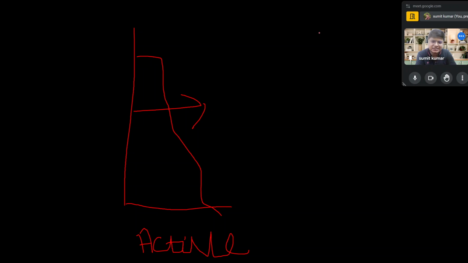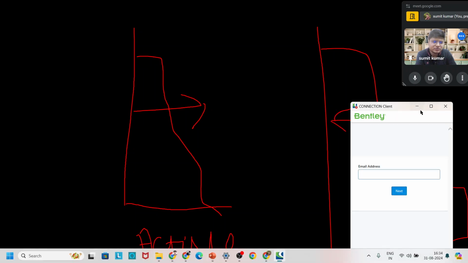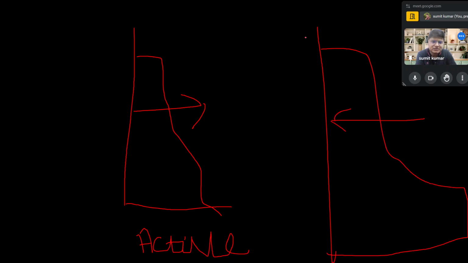And for the passive state, similarly, the soil is moving toward the wall. This is the wall, right? So when the soil is moving away from the wall, it is said to be in the active condition, and when it is moving toward the wall, it is said to be the passive condition, right?